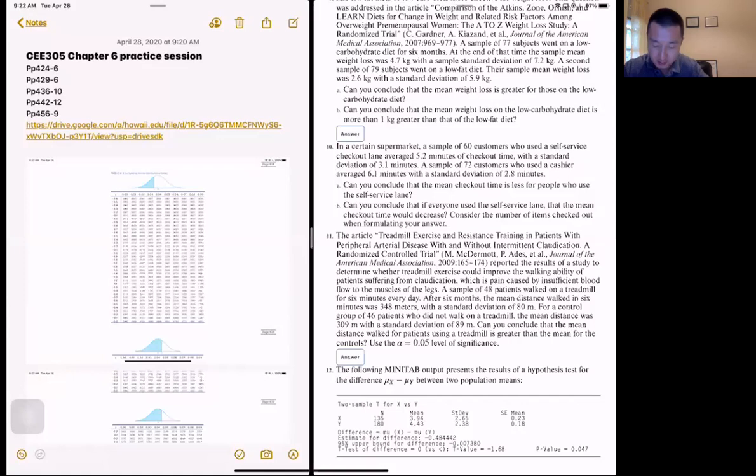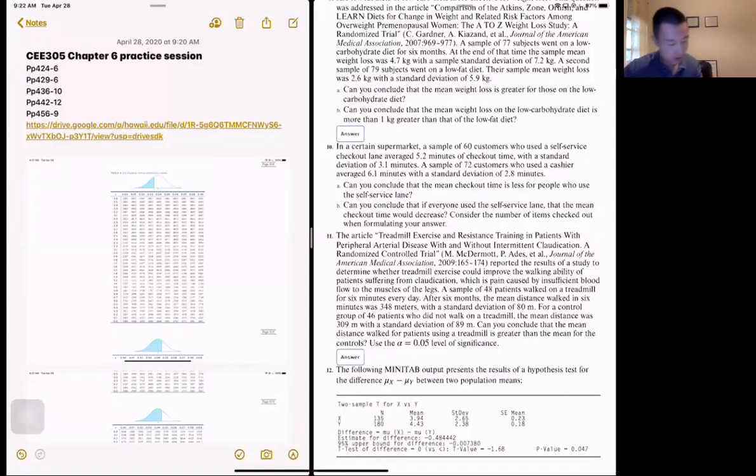The question asks, can you conclude that the mean checkout time is less for people who use self-service? So this is talking about the difference between two mean values. One is for self-service, another one is for cashier.